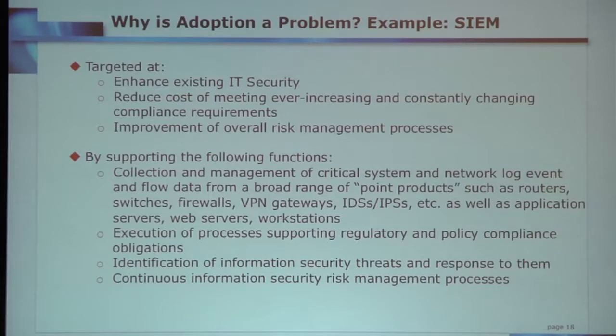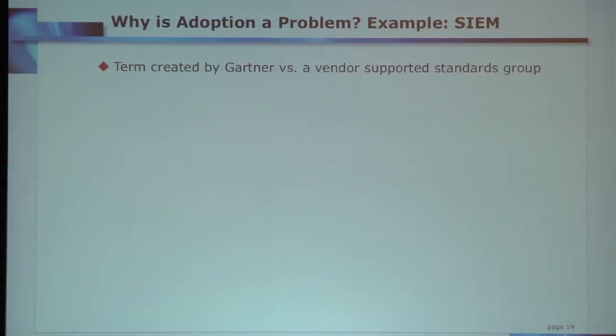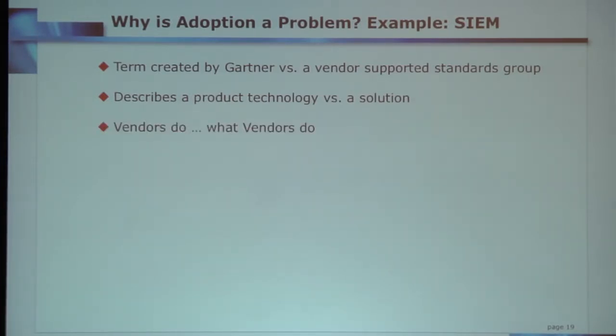And I have a few thoughts on why that is. First and foremost, the term was actually created by an analyst firm versus a vendor-supported standards group. Then it describes really a product technology versus a solution. And of course, vendors do what vendors do. If you leave technology up to the vendor to interpret, vendors implement what they interpret. And of course, then there's the inevitable vendor bloat.